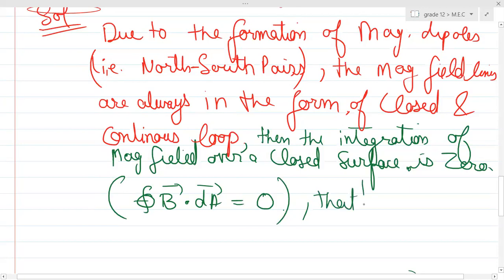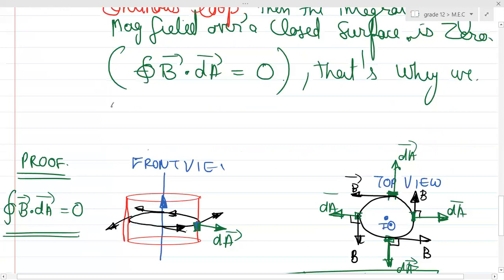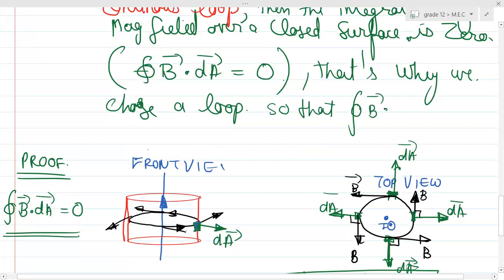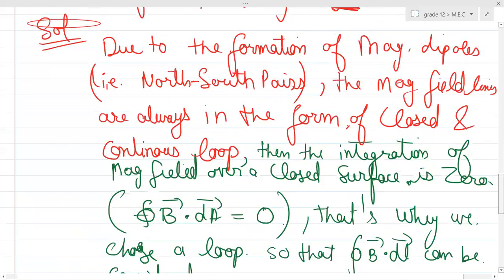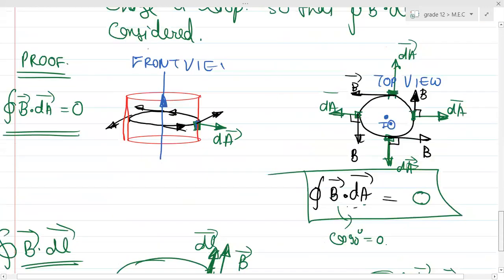That's why. Is this clear, guys? Please write the answer and then you can write the proof.